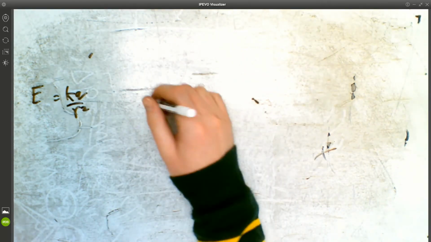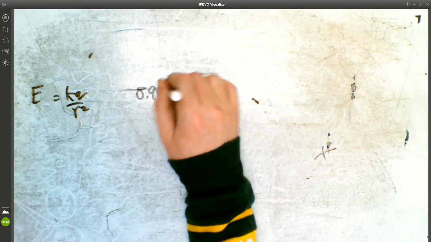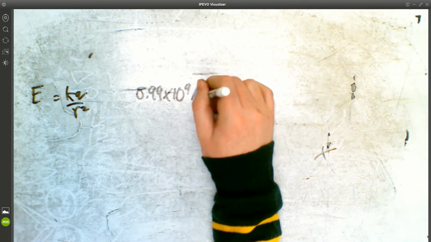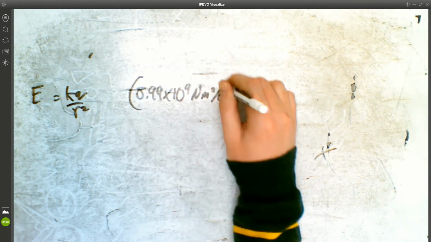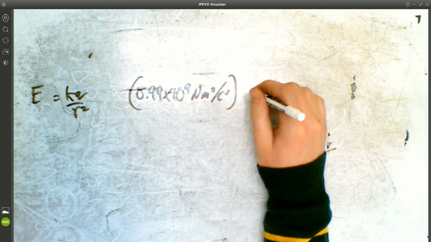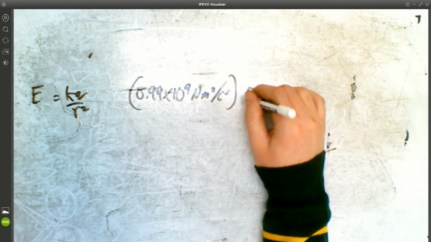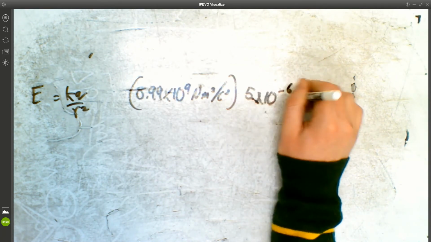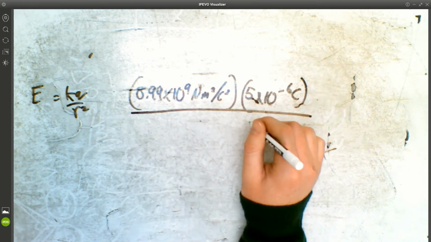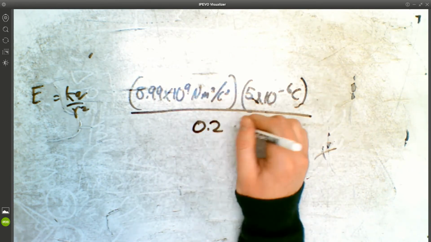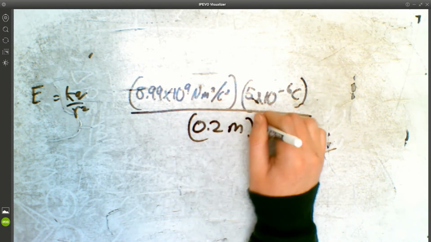We can find the magnitude, so 8.99 times 10 to the 9 newton meters squared per coulomb squared. And then we have our charge, which is 5 times 10 to the -6 coulombs, all divided by our distance, 0.2 meters squared.